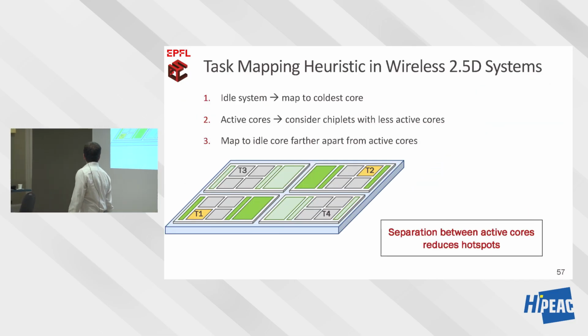What we did, we had a very simple heuristic in which as tasks come, they are mapped to the processing core which is physically most distant to any other active core.